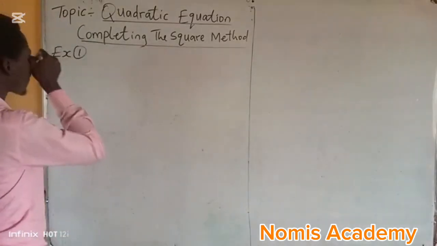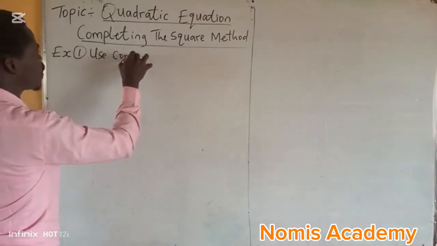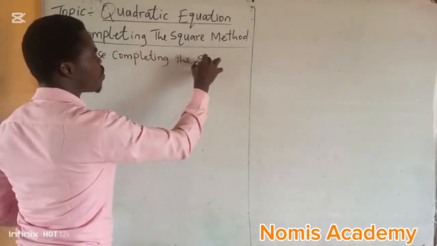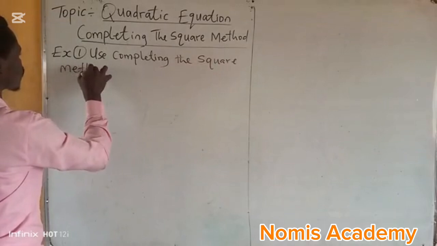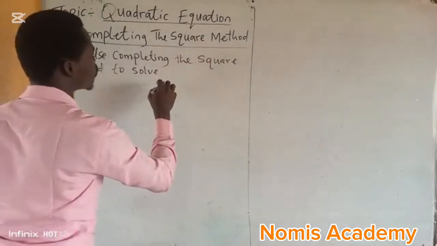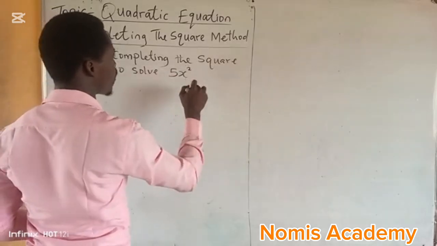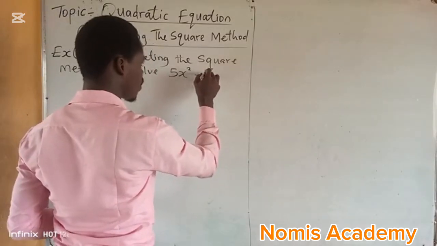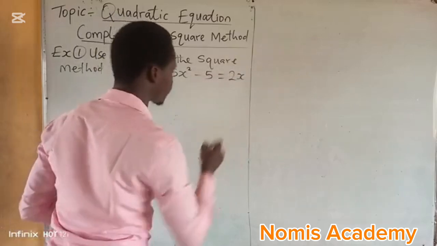Example 1. Use completing the square method to solve 5x squared minus 5 equal to 2x.